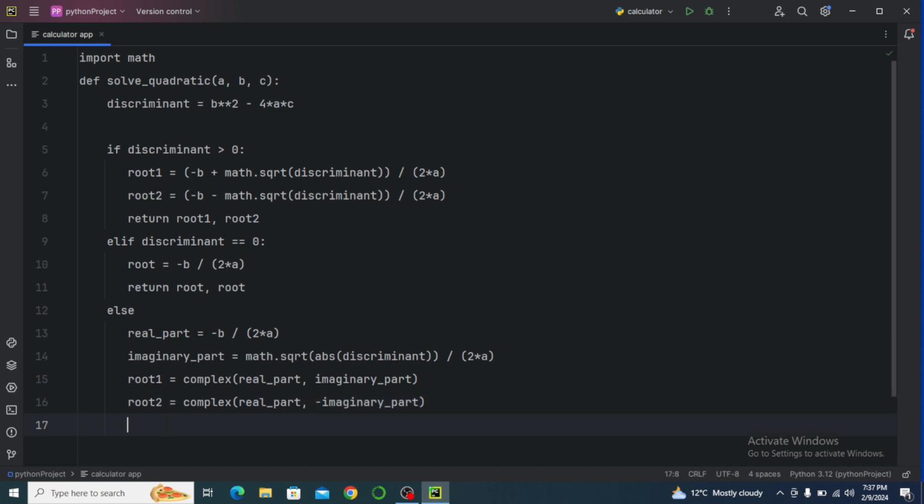So I'm going to say return root 1, comma, root 2.